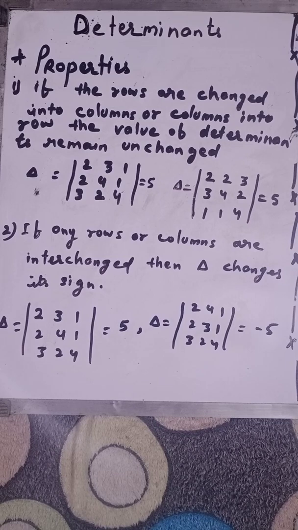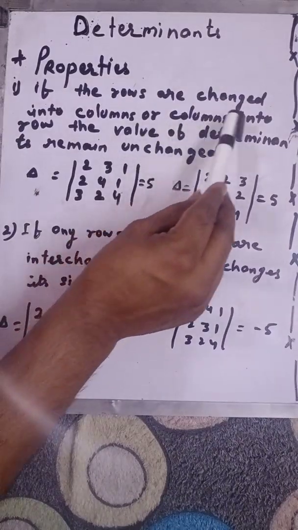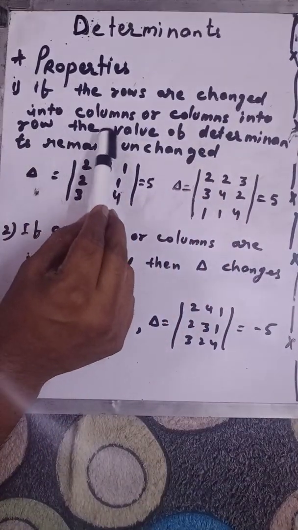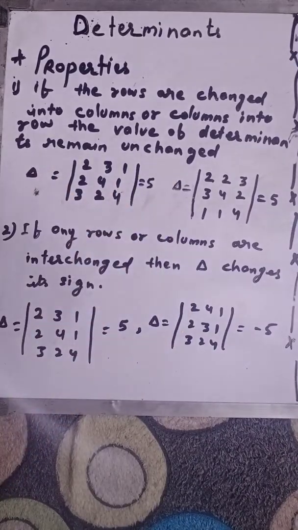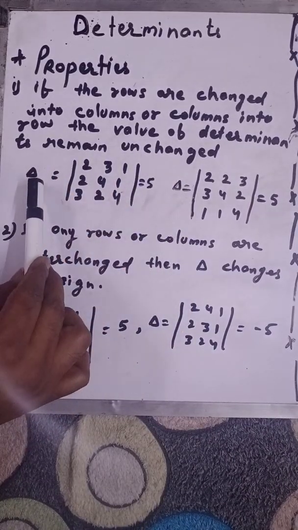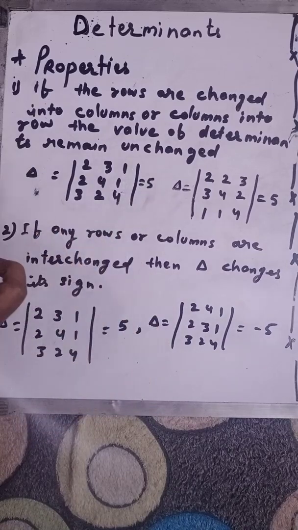So let's start. The first property of determinant is if the rows are changed into columns or columns into rows, the value of determinant remains unchanged. That means what? Suppose this is any determinant whose value is coming 5.